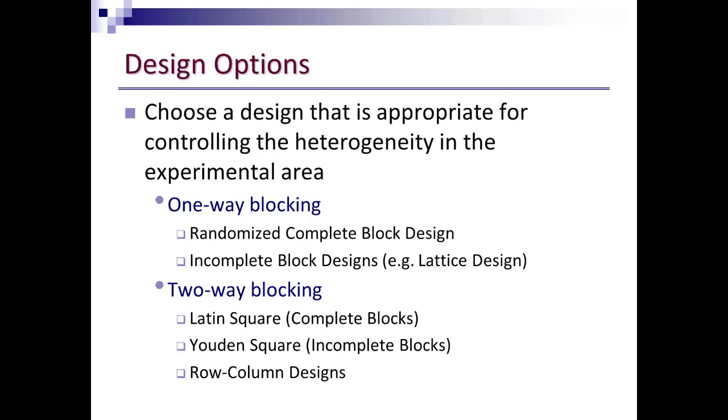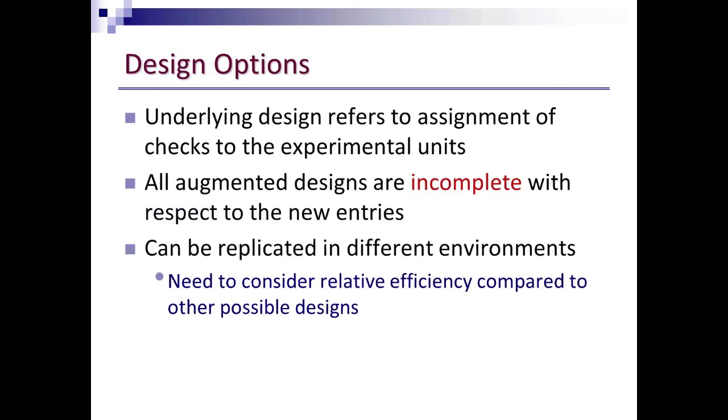Or you may choose to control heterogeneity in two directions using a Latin square or an incomplete two-way blocking experiment such as a Youden square or a row column design. So you have a number of design options.